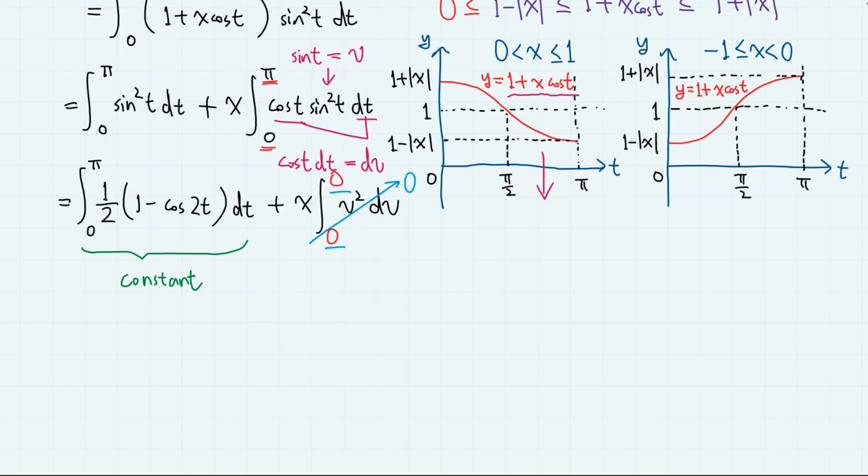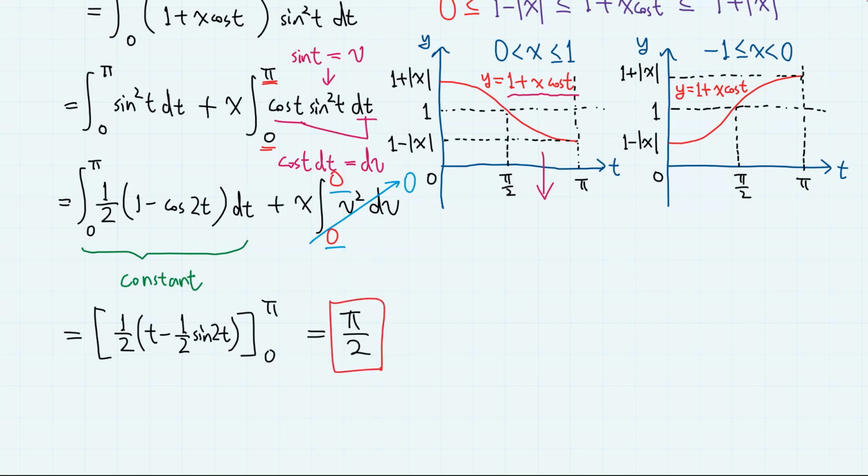Let's finish the first integral. We obtain the antiderivative 1/2 times t minus 1/2 times sine 2t. And if we calculate this, we obtain pi over 2. So f of x has a constant value pi over 2 when the absolute value of x is less than or equal to 1.